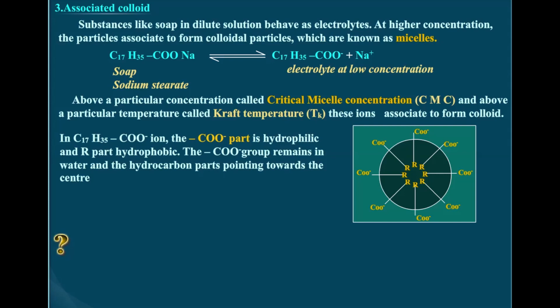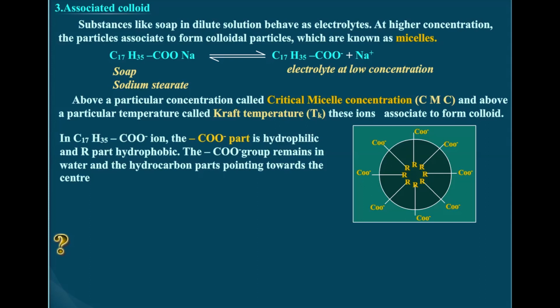The RCOO- ions are therefore present on the surface with their COO- groups in water, because the COO- group is water loving. So it will be underwater, and the hydrocarbon chains are staying away from it and will remain on the surface.